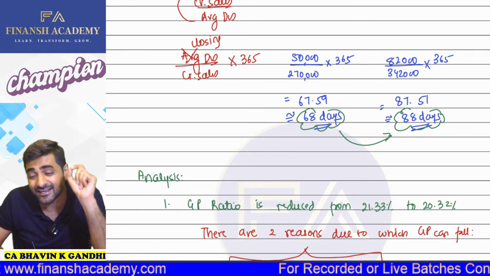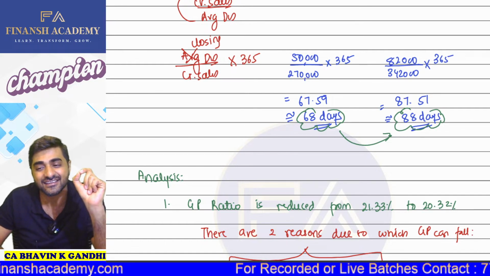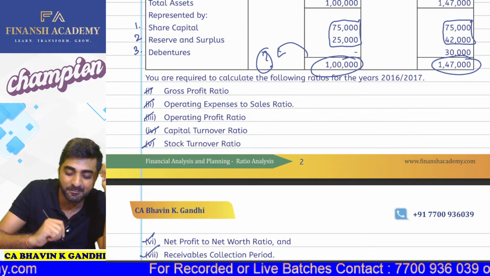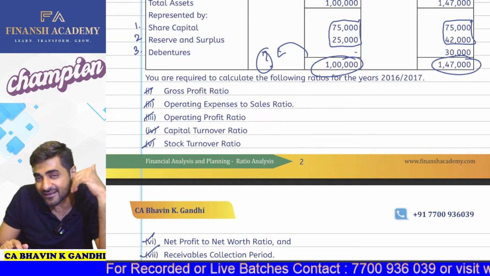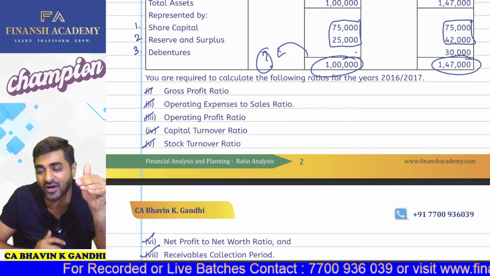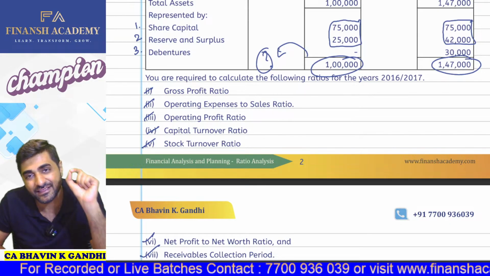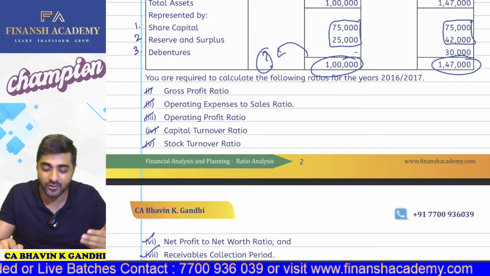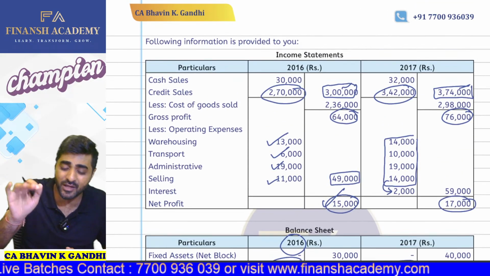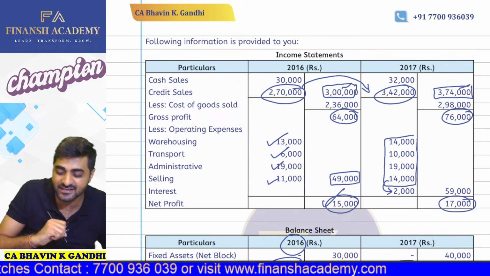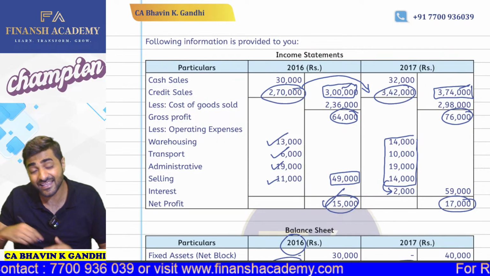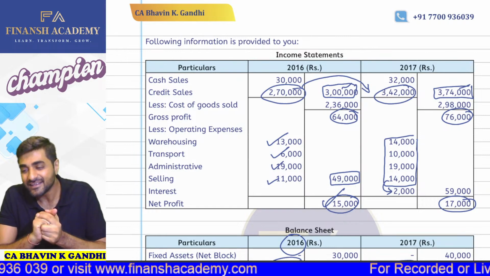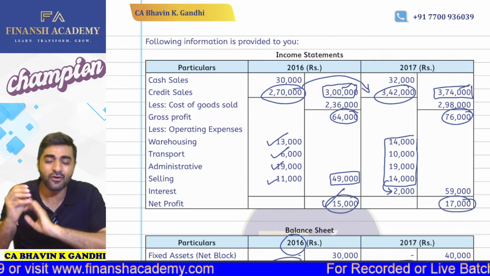Now, when the debt collection period increases, what do you think is going to be the impact? The debt collection period increasing means that the money which is getting blocked in the debtors is blocked for a longer period of time. I would like to simultaneously counter argue this as well. If the debt collection period is increasing and there is an increase in credit sales, then is the increased collection period justified? Yes, it can be justified. You know why, my dear students?